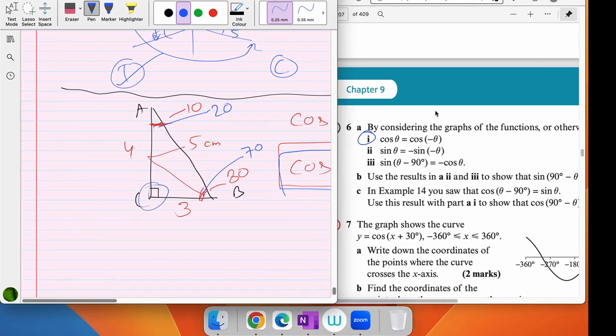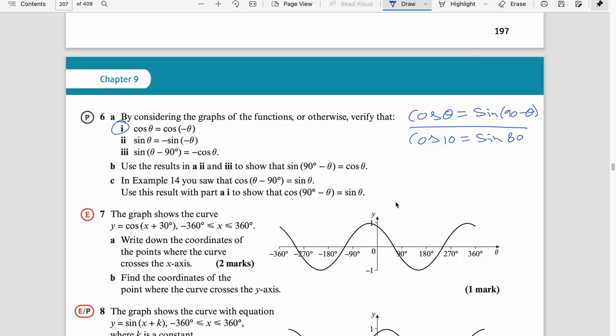Moving on to the question. Now it says sine of theta minus 90. So sine of theta minus 90 could be written as cos theta, with a negative sign. Why a negative sign?